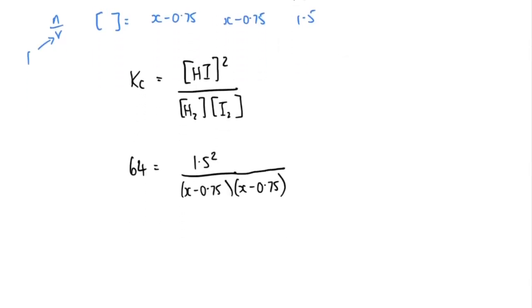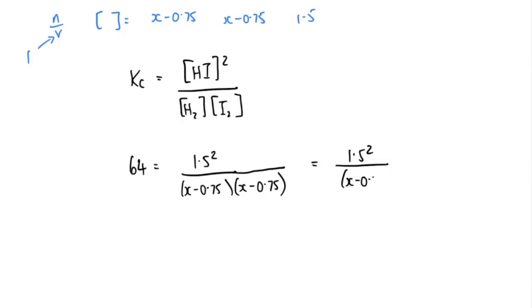Now what you don't need to do here is multiply out those brackets and make a quadratic, because although in maths, if you had this expression, you would find that you've got a positive and a negative root, we won't have the negative root in chemistry. So what we can say is that this is the same as 1.5 squared over X minus 0.75 squared, and we can just square root both sides.